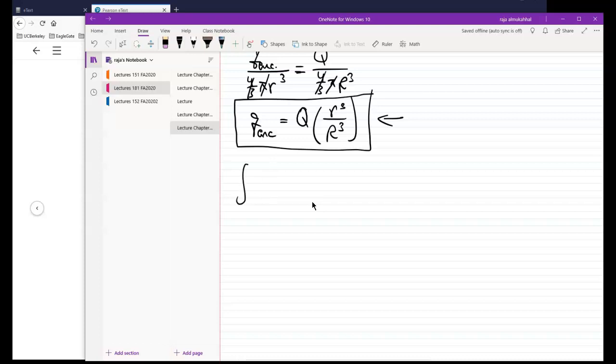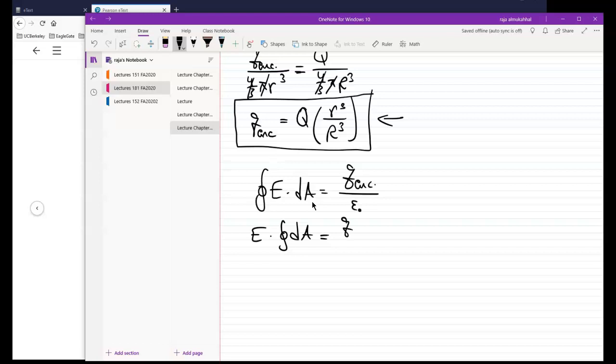Gauss's law says the integral of E dot dA equals Q enclosed over epsilon naught. Well, again, we make the argument the electric field is a constant, therefore I can kick it out. And so I have the integral of dA equals Q enclosed over epsilon naught.